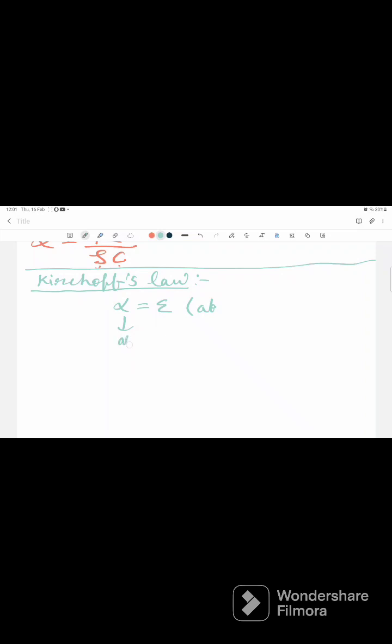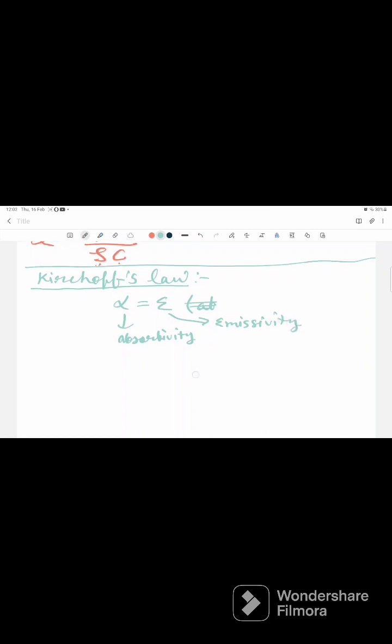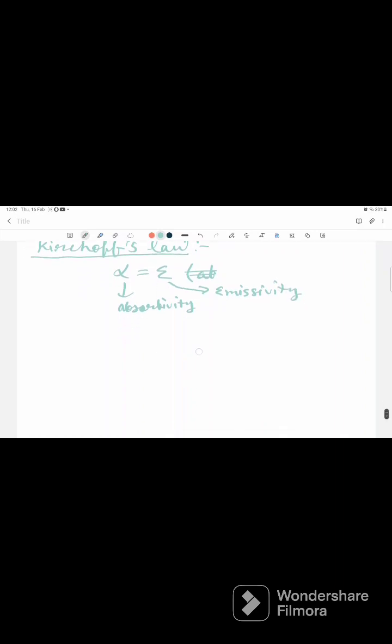Alpha is absorbivity, and this is emissivity. Energy has units watt per meter square. Q has a unit watt.